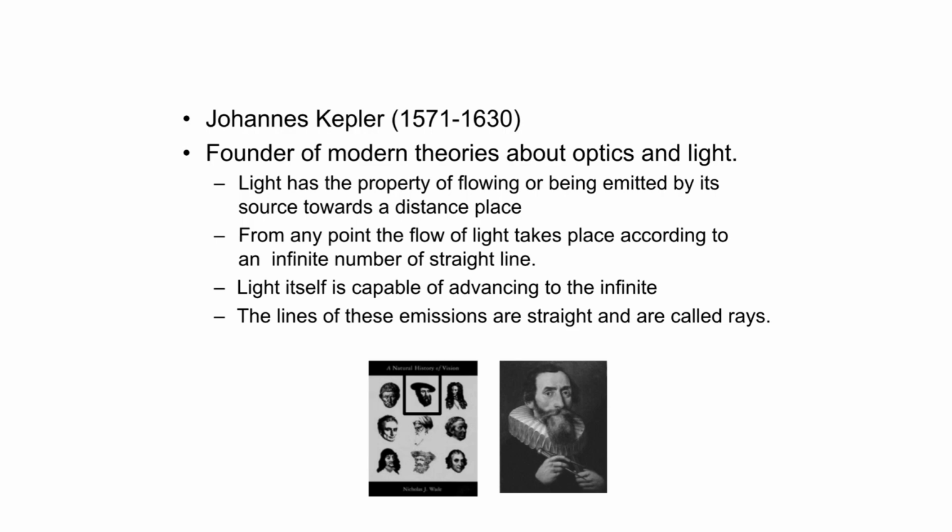And from any point, the flow of light takes place along an infinite number of straight lines. He came up with this idea called the ray. That means each light travels on a straight line, and it can advance to infinity. So the lines of these emissions are straight and are called rays.